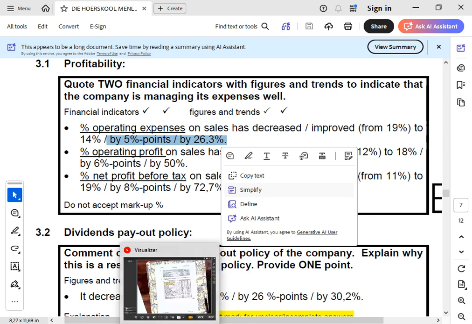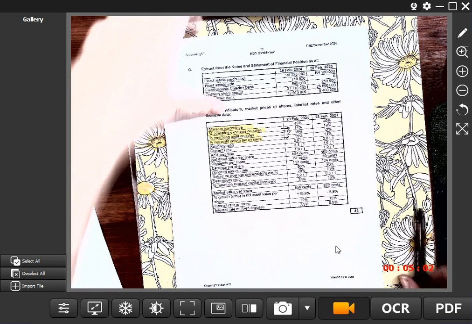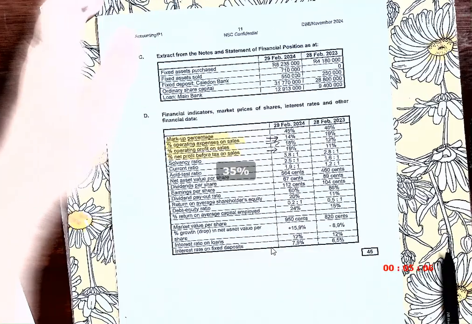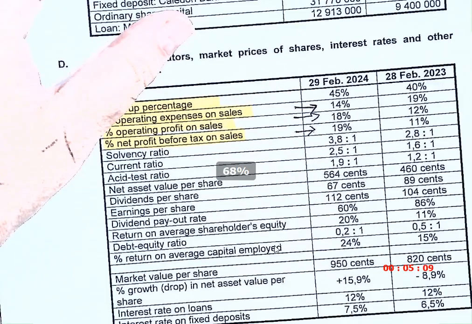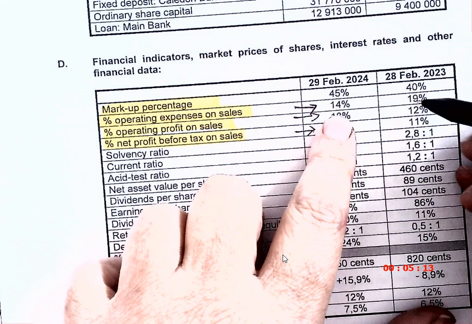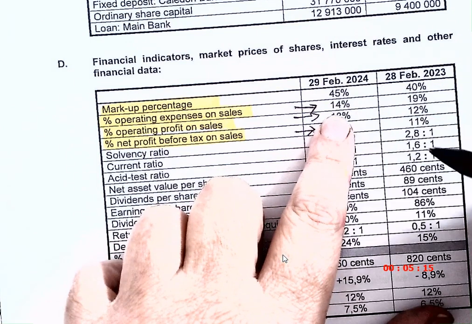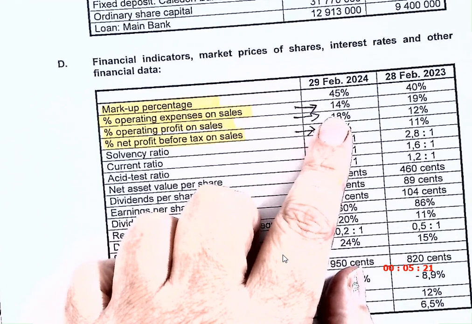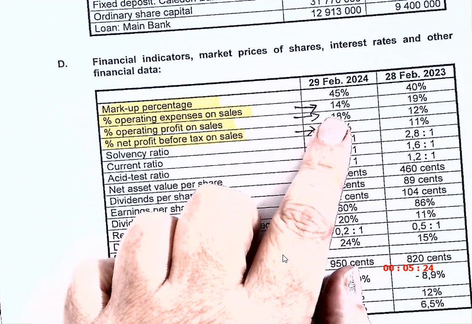If I say something goes from 19 to 14, so it decreases with 5. I can't say it decreases with 5%. It's wrong. Why is it wrong?